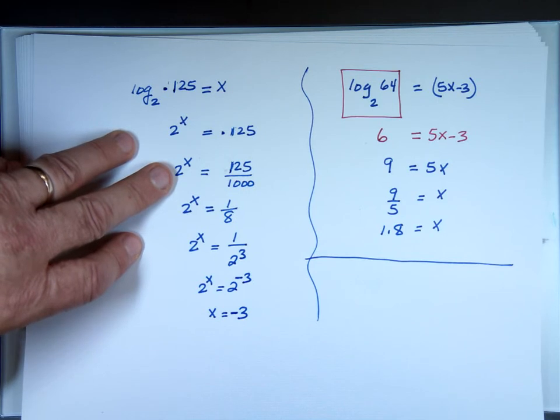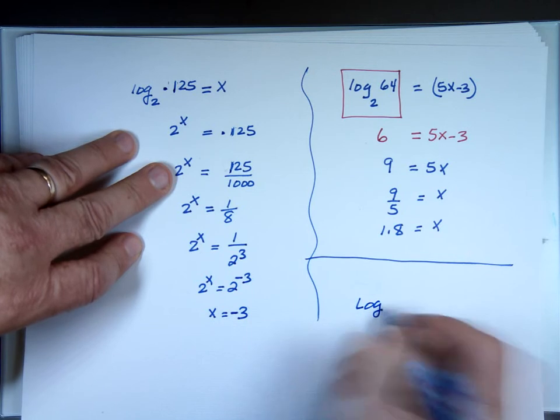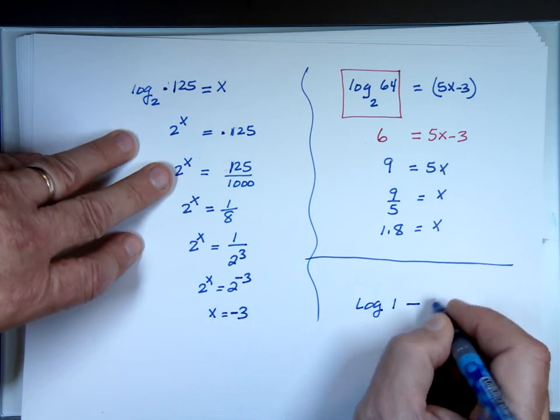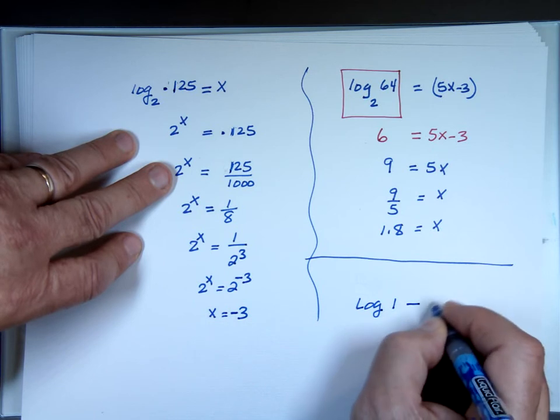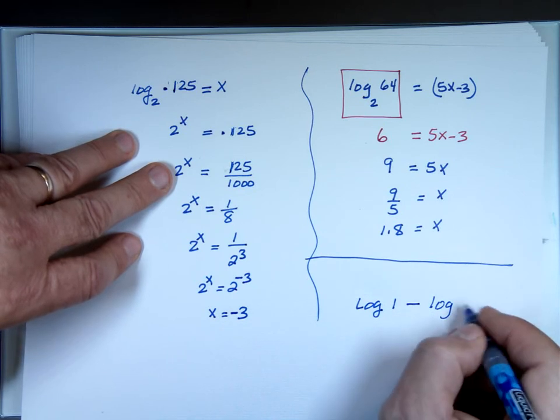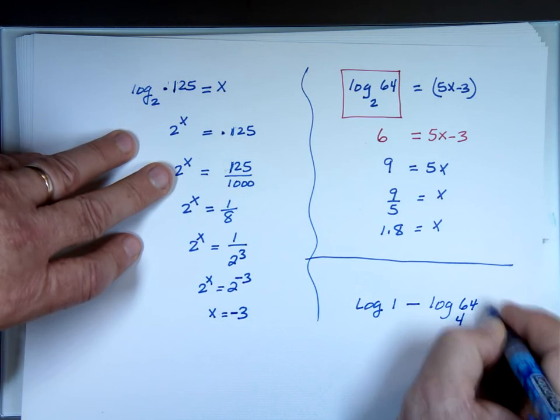Now, what about this one? Log of 1 minus log 64 base 4 equals x plus 3.